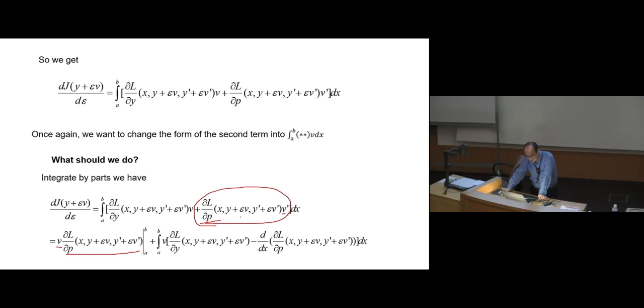That takes minus, right? Minus v times the derivative of this term, dL/dp, where the derivative is with respect to x.